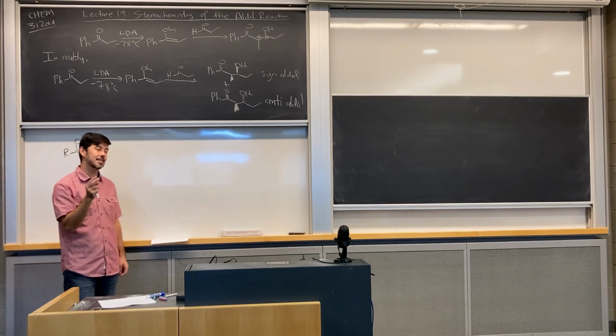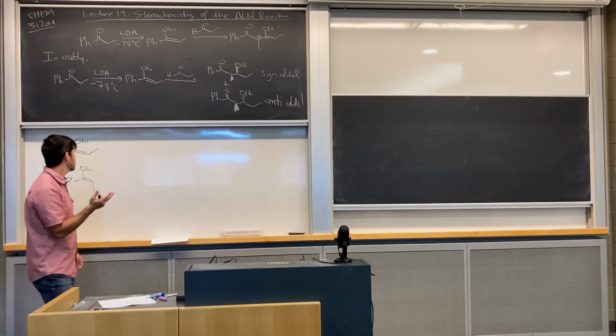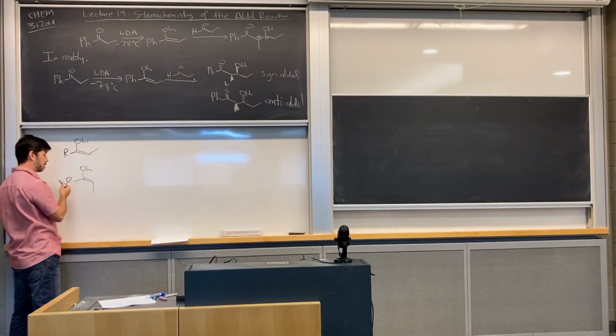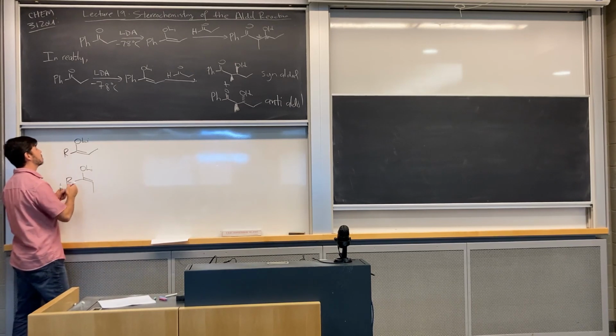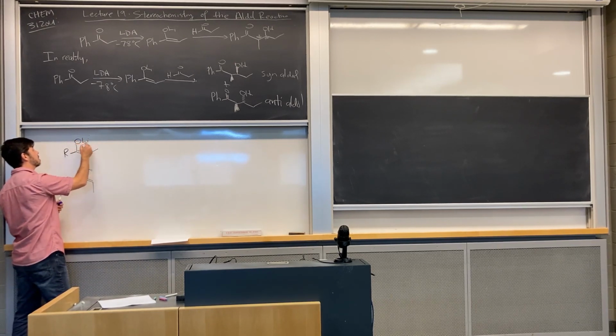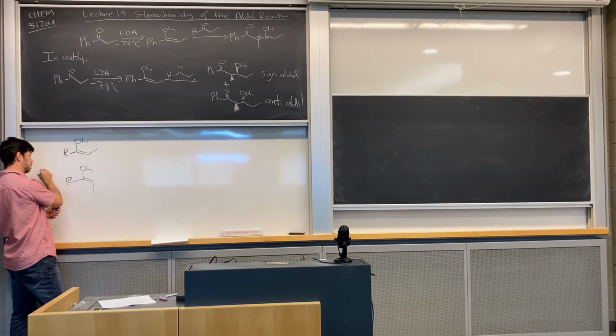They can exist in a cis and a trans form. Here I'm showing you the enolate in the cis conformation, because you can see that this group here is on the same side as this methyl group, or in this case, this would correspond to a trans enolate.